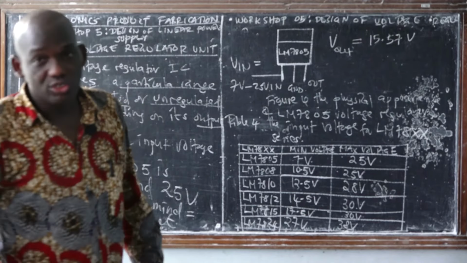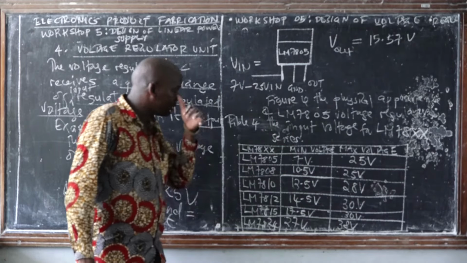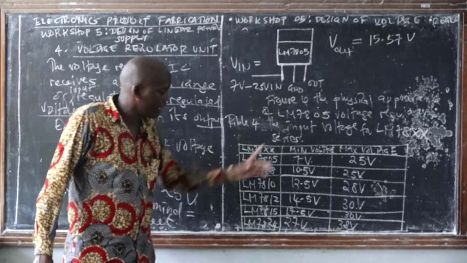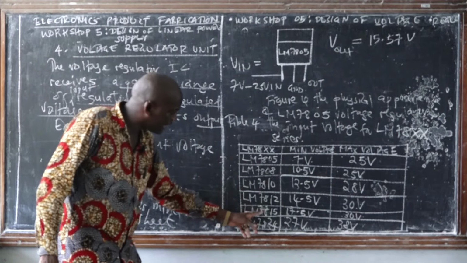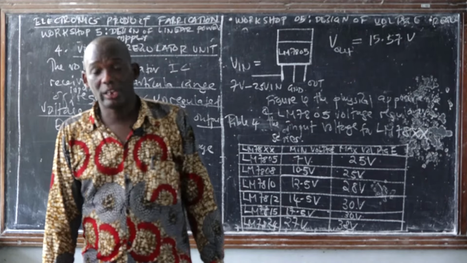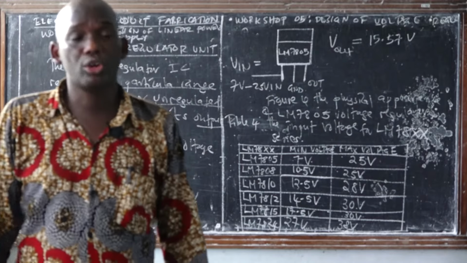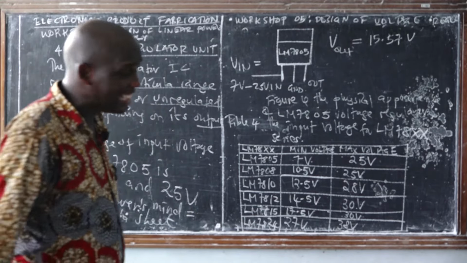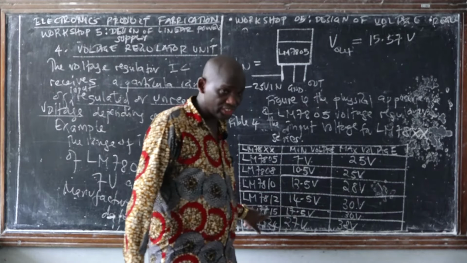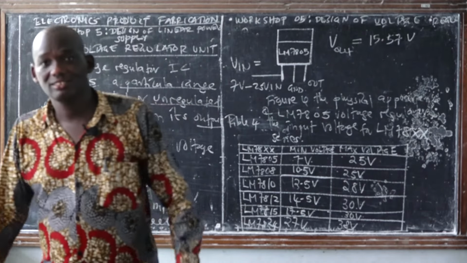So if you take this input voltage and you want to regulate it, and you are supplying that 15.57 volt to LM7815, then you will never have 15 volt as output. Why? Because the input voltage is less than the recommended input voltage of LM7815. That's the point when the problem starts.